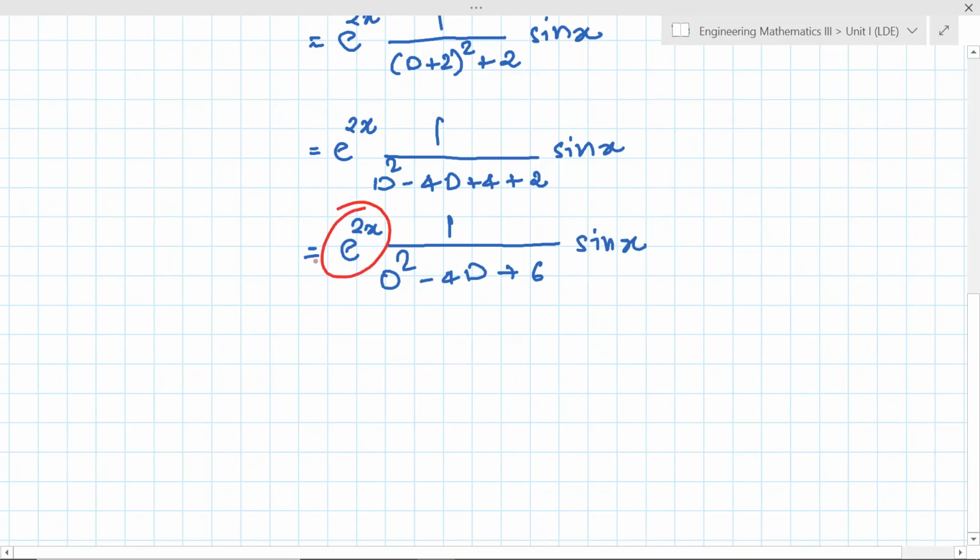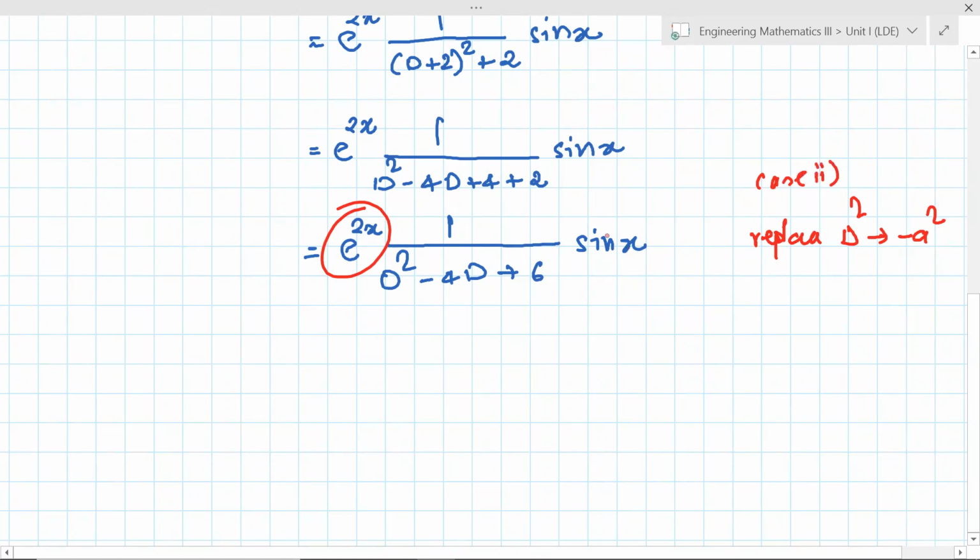The work of this e raised to 2x is over. We are not taking e raised to 2x into consideration for the further calculations. We just think about 1 upon 4D plus 5 into sin of x. What is a here? a is 1. Replace D square by minus a square. The second case says that, case number 2.